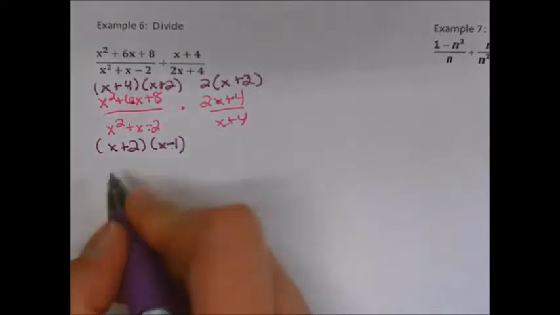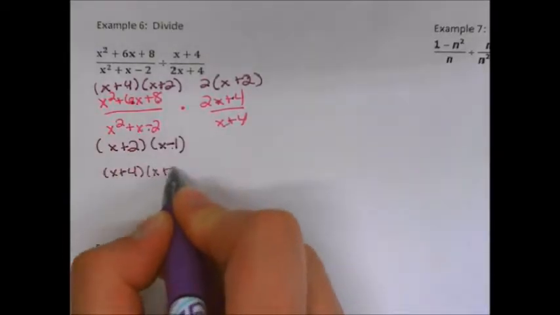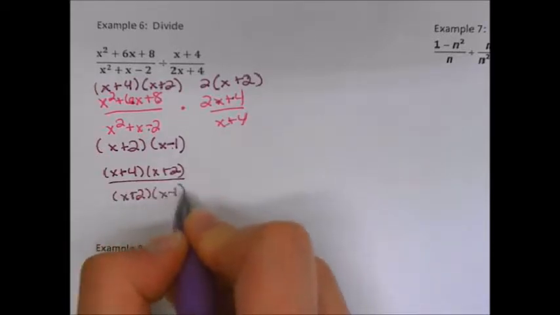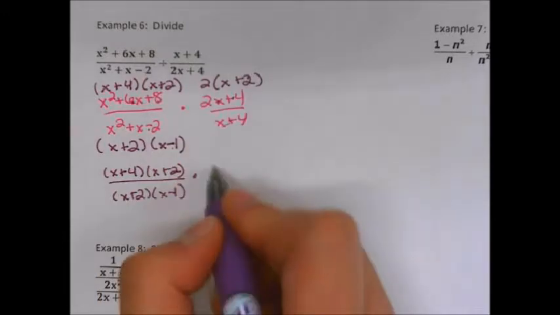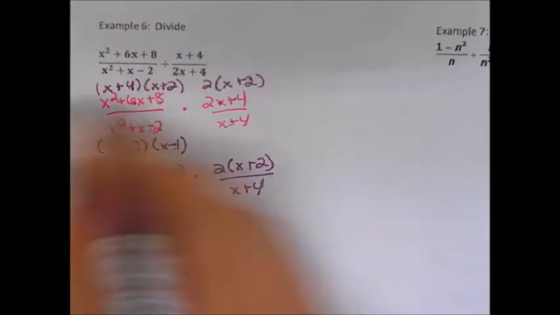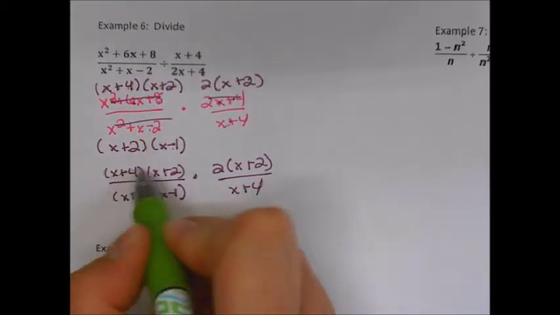I'm going to go ahead and rewrite it. So I have x plus 4 times x plus 2 over x plus 2 times x minus 1 times, let's see, that one became 2 times x plus 2. And then I have x plus 4. Or you can just keep that up there and cross those out and not think about it. Okay. What do I have the same on the bottom and top?